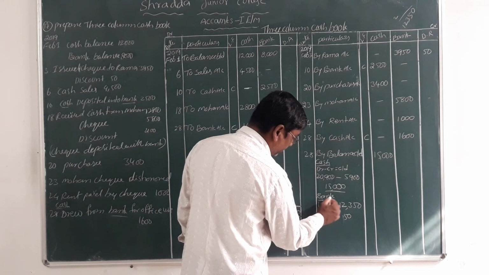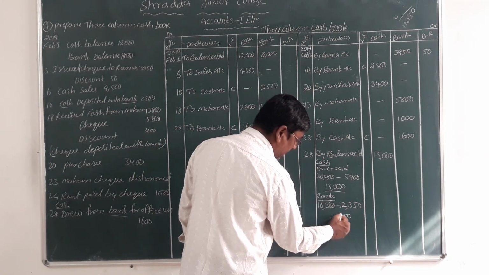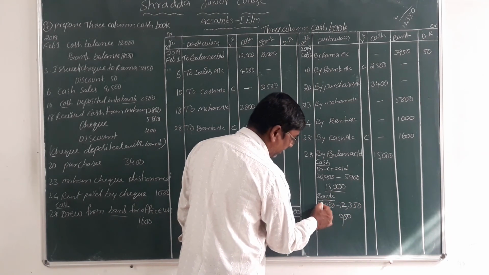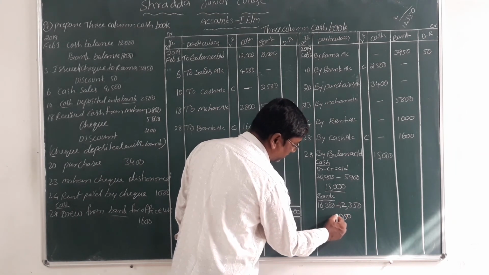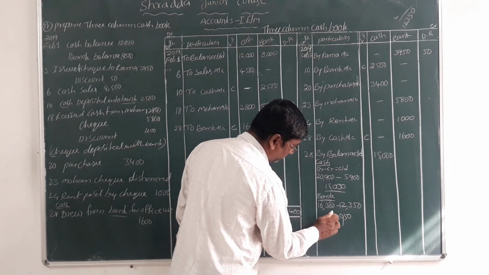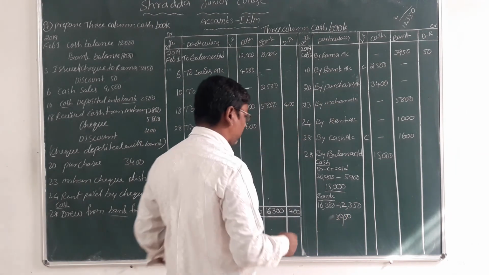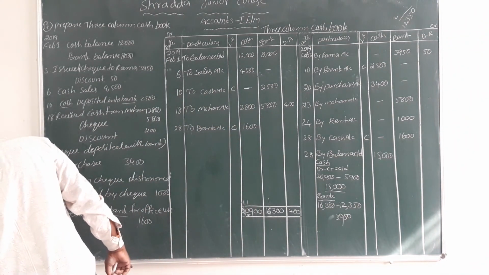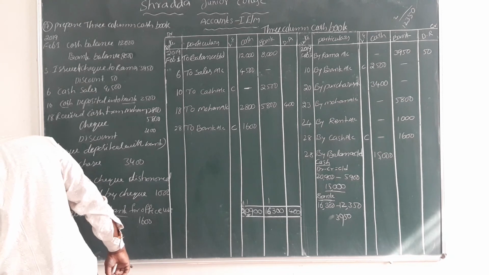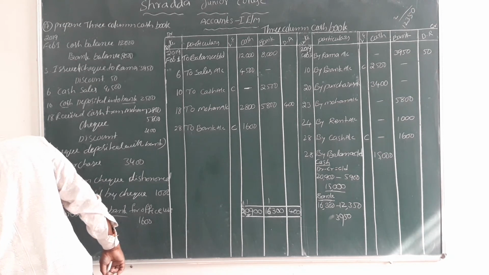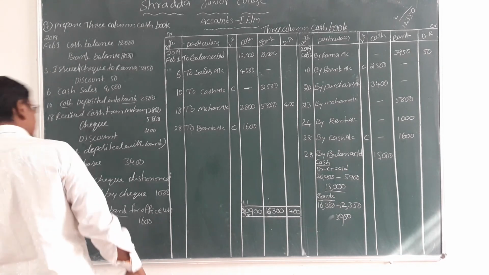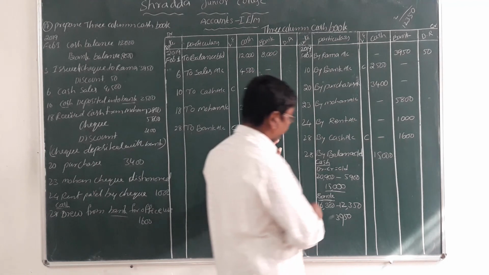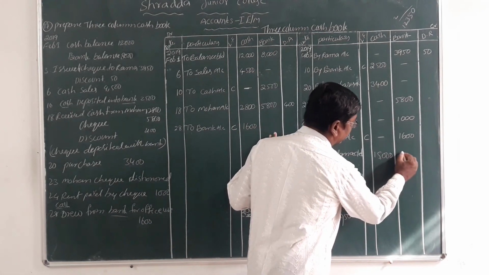Here take the arrow: 12 minus 3 is 9, 5 minus 2 is 3, 1 minus 1 is 0. Wait for a moment. Bank is 3,950.